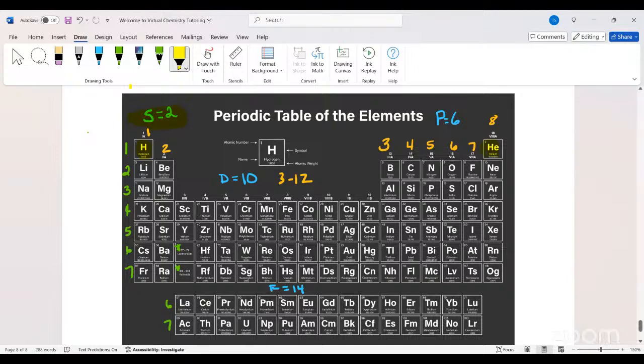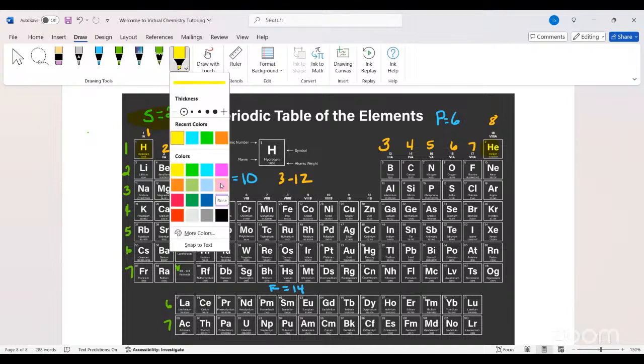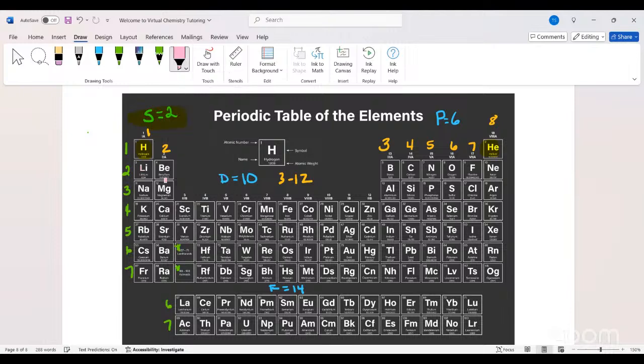Now, when I look at the second energy level, and I'm going to highlight that in pink so you all can see this, okay? When I say the second energy level, you see how I'm coloring lithium and beryllium all the way to boron, all the way to neon? Guess what? On the second energy level, you are coloring S's and P's. S's and P's. Okay? You have S's and P's that your energy levels are consisting of.